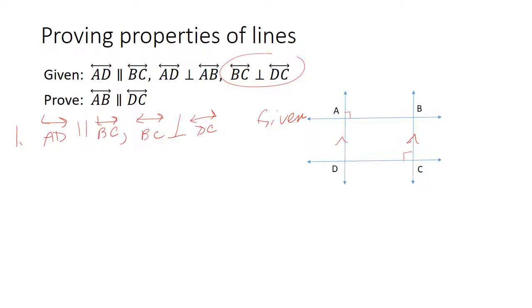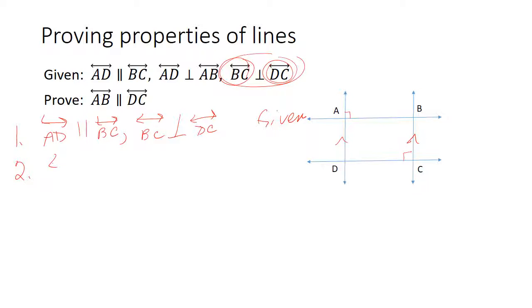So my next statement, I'm going to use my perpendicular transversal theorem that says if a transversal is perpendicular to one of two parallel lines, then it's perpendicular to the other. So I have DC that is perpendicular to BC.